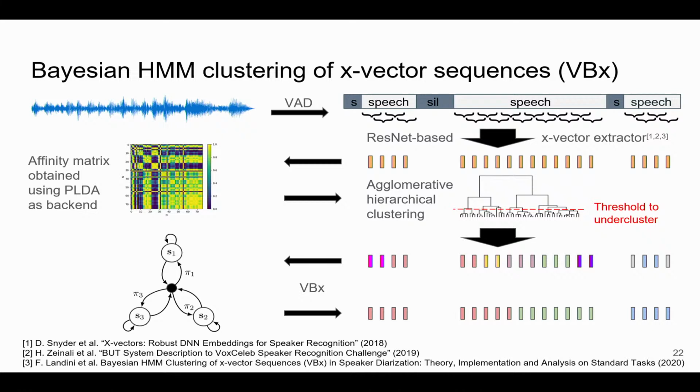And then you need to do the clustering. What we did was to use agglomerative hierarchical clustering as an initialization. That means we wouldn't run it to get the best diarization possible. We just run a few steps, kind of put together some of the embeddings. We would get a reasonable starting point for the next step.